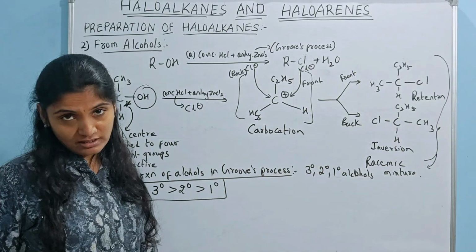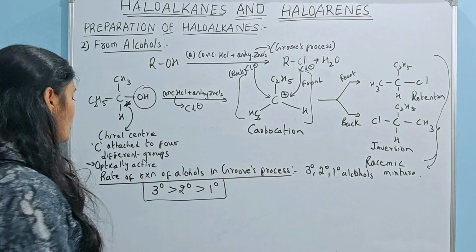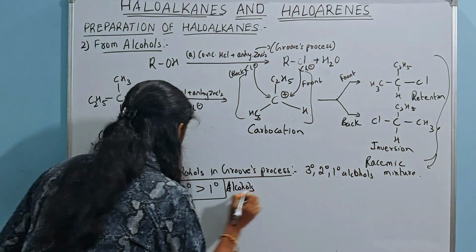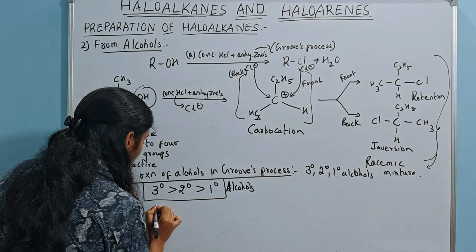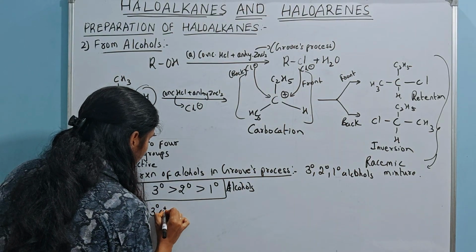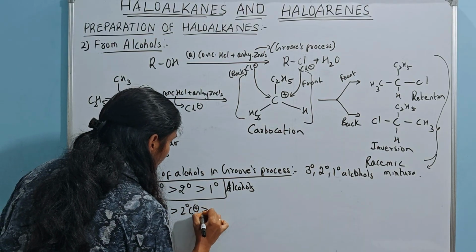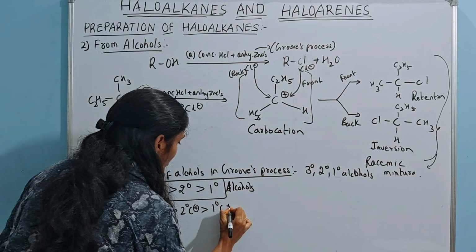If we see the reason here, tertiary alcohols will produce which carbocation? Tertiary carbocation. Secondary alcohols will produce secondary carbocation. Primary alcohols will produce primary carbocation.